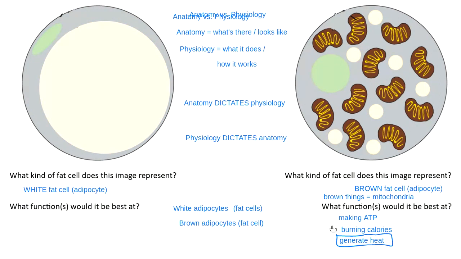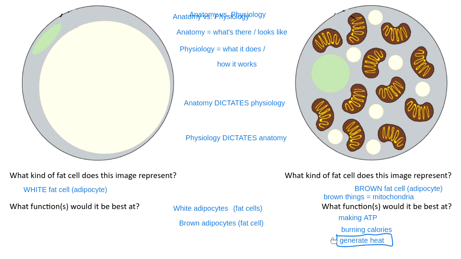And we could predict from that, because my cell makes so much heat, that's its other function, that it must release a lot of heat when I do these processes here. We kind of reverse engineered the whole process of using anatomy to dictate physiology. We started with what it does, then we looked at what's there, and then we made a prediction about how things work.